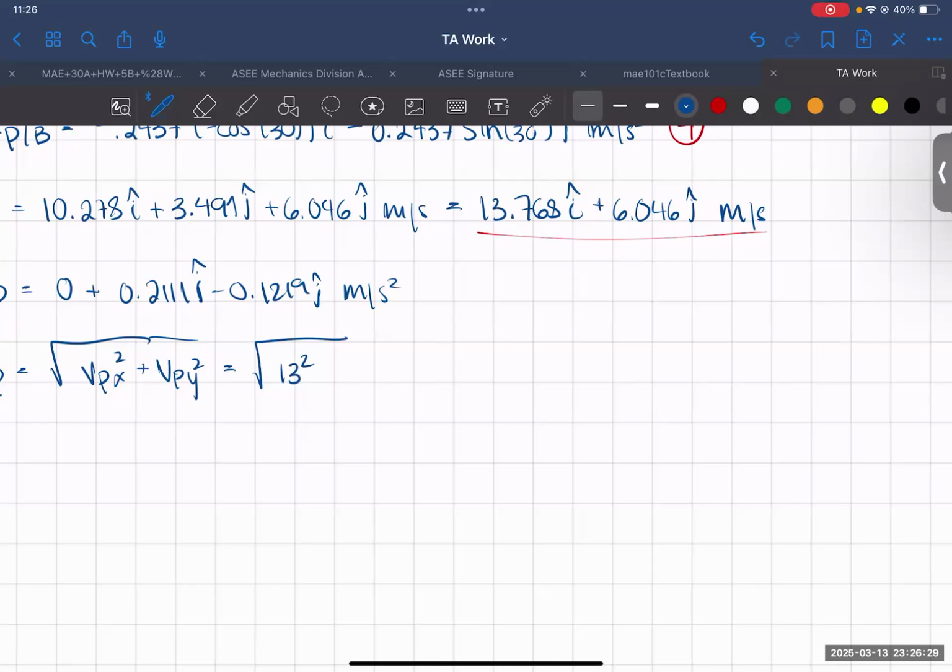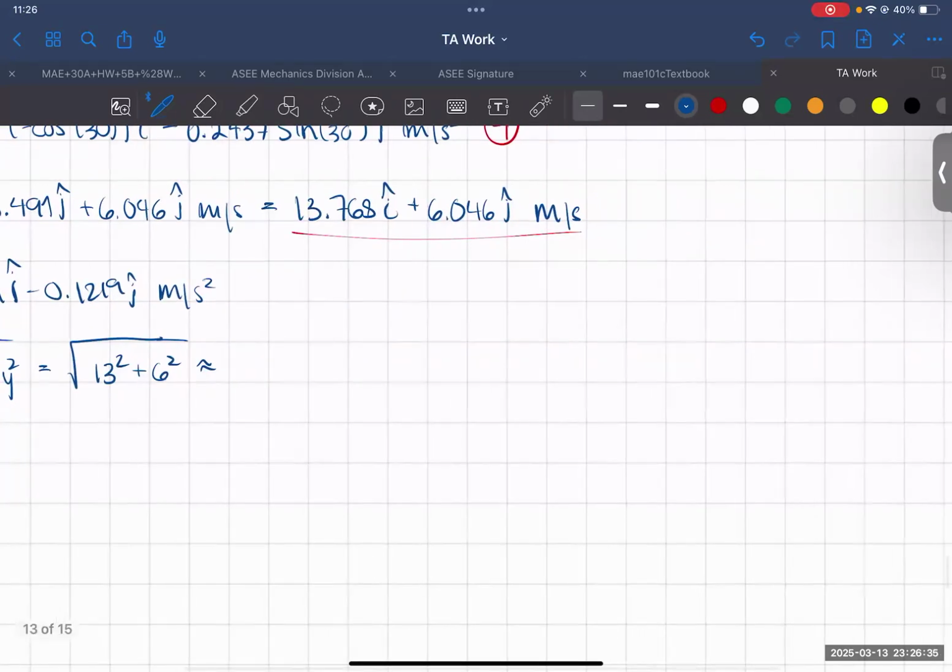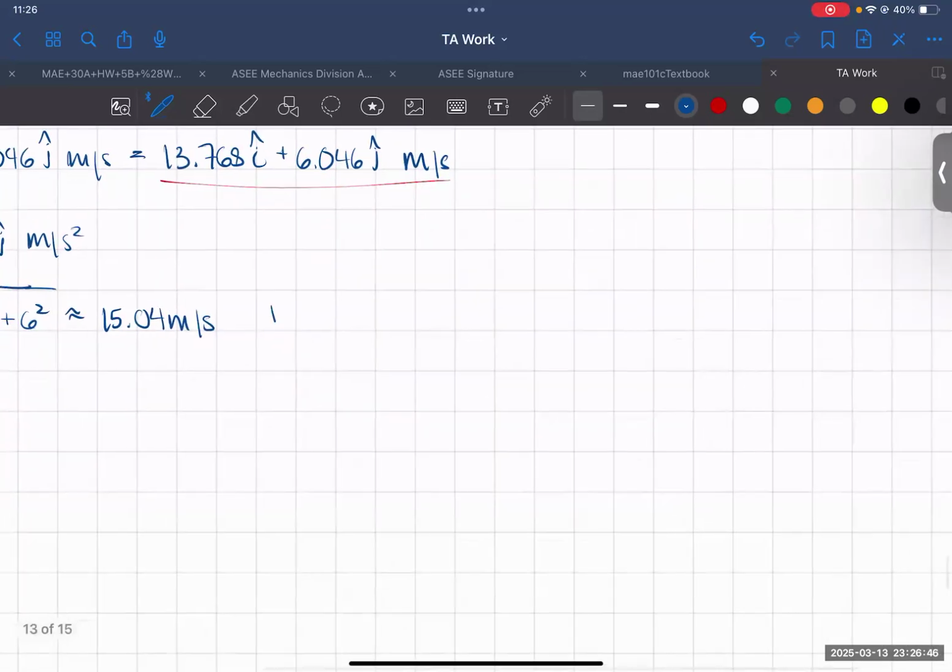Let's just round: 13 squared, 6 squared, roughly about 15.04 meters per second.